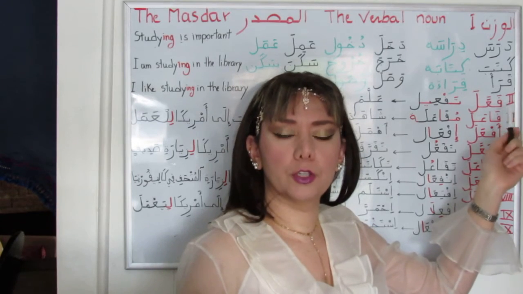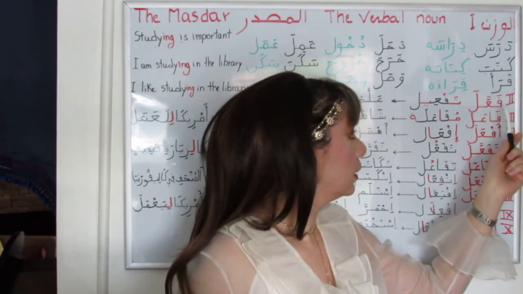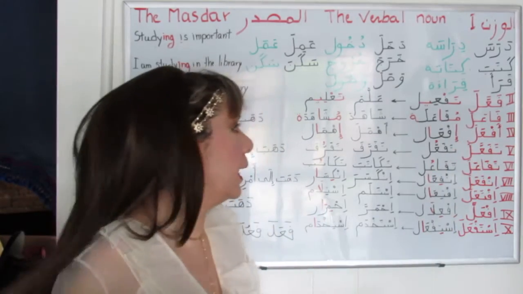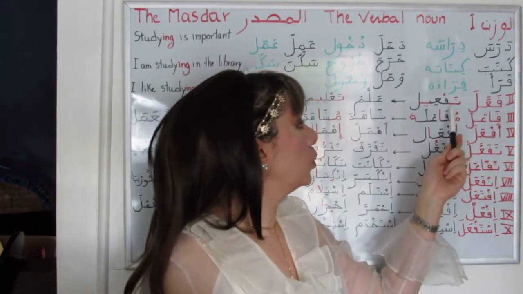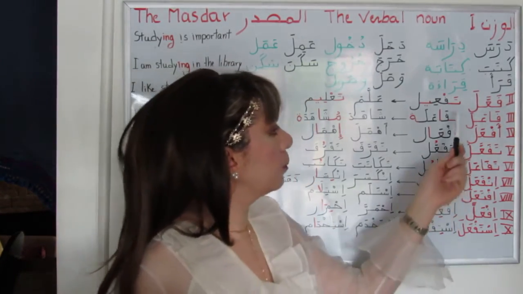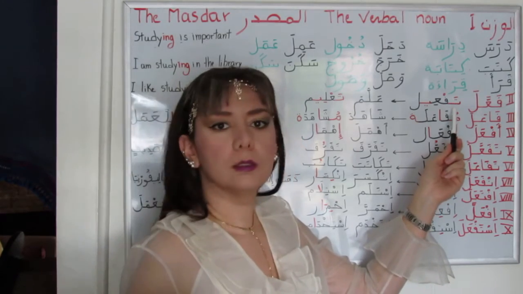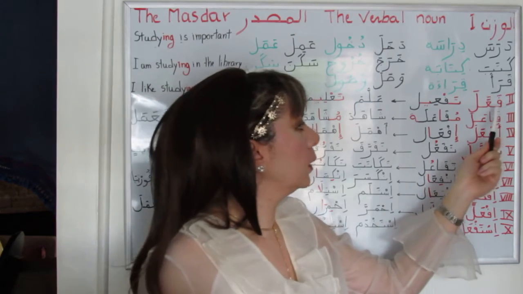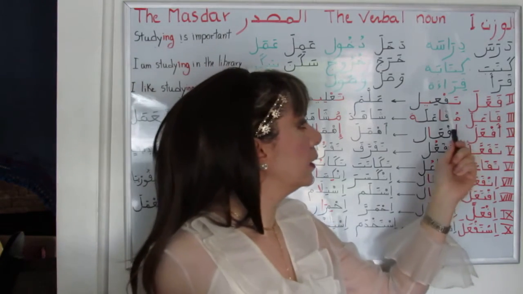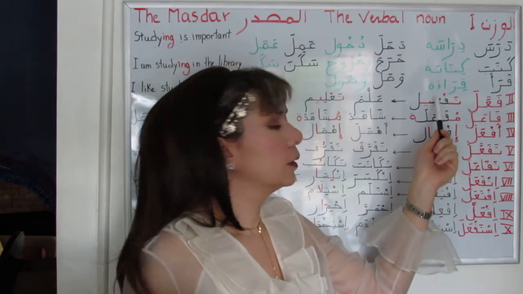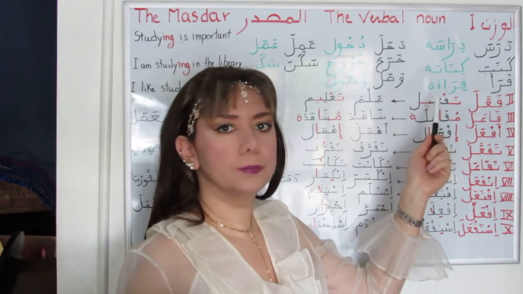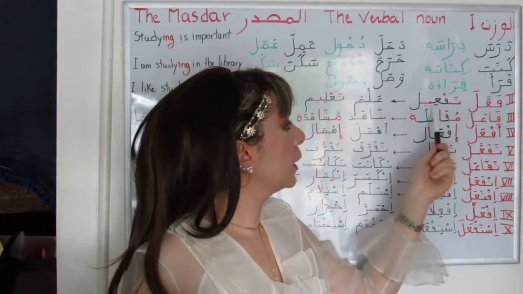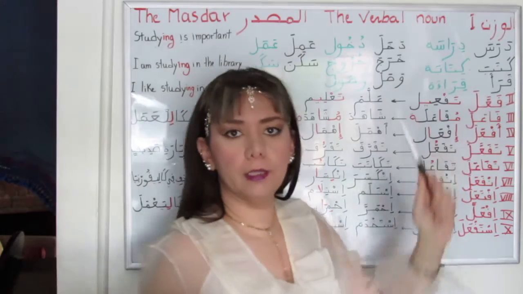وزن, second pattern, وزن الثاني. فعل. So the verbal noun will be prefixed with ta. The first radical will get rid of fatha and I will put the sukun. Second radical, get rid of the shadda and fatha.